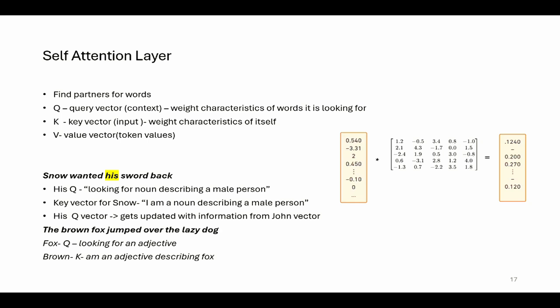And then the key vector for Snow says, I am a noun describing a male person. So this is just a description of how they interact with each other. You have a bunch of weights for each and every token in your sentence, and those weights are doing a matrix multiplication with the rest of the tokens and changing them.